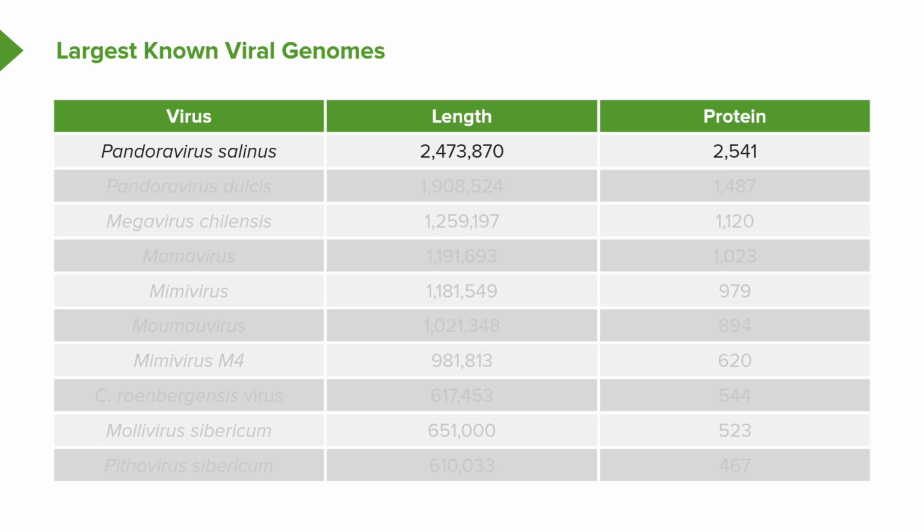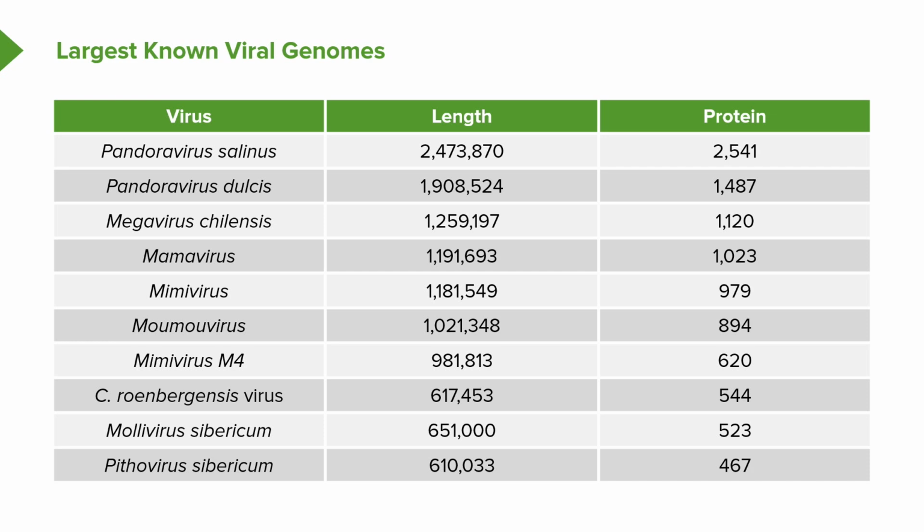This is absolutely huge. The average virus is far, far smaller than this. And this goes down a list of genomes to what is a relatively small genome of 610,000 for Pithovirus sibiricum, encoding 467 proteins. So these are the top 10 or 12 genomes according to size, ranging from 2.5 million down to 600,000 base pairs. These are really the giants in the virus world.